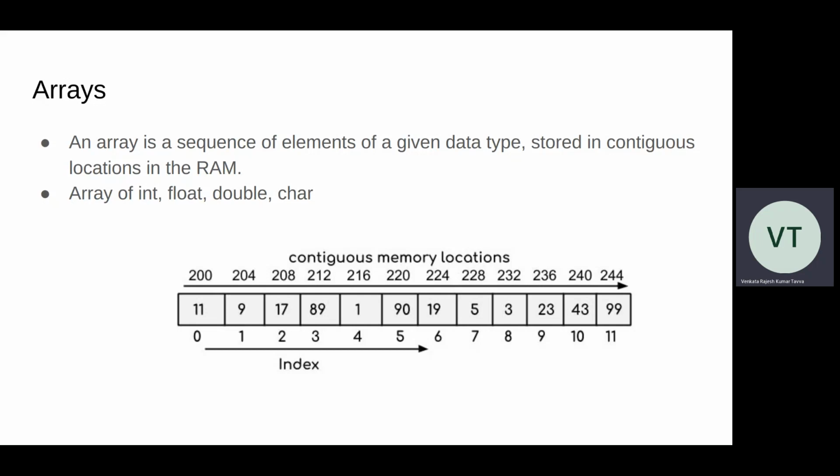But if you notice one thing, the index of an array always starts with 0 and not 1. The first element's index is 0, second element's index is 1, third element's index is 2, and 10th element's index will be 9, nth element's index will be n minus 1. Okay, so an array's index runs from 0 to n minus 1. But the total number of elements are n.